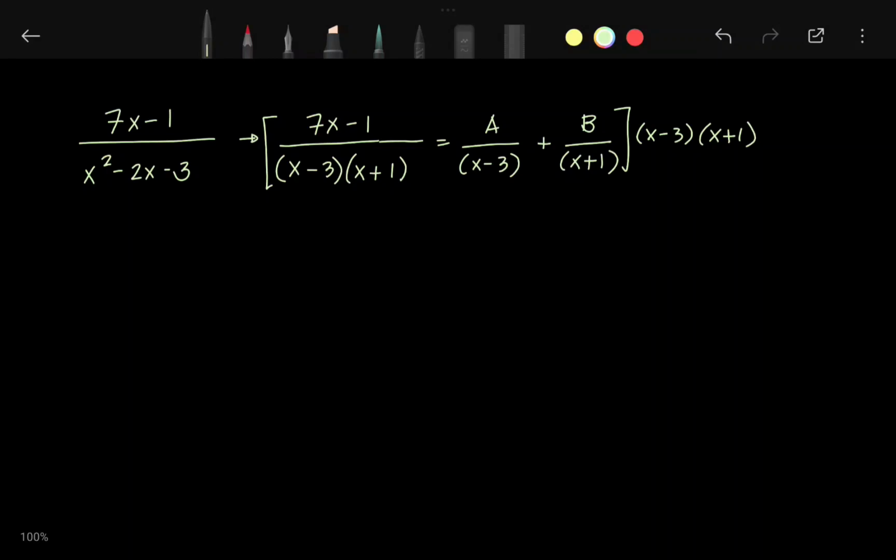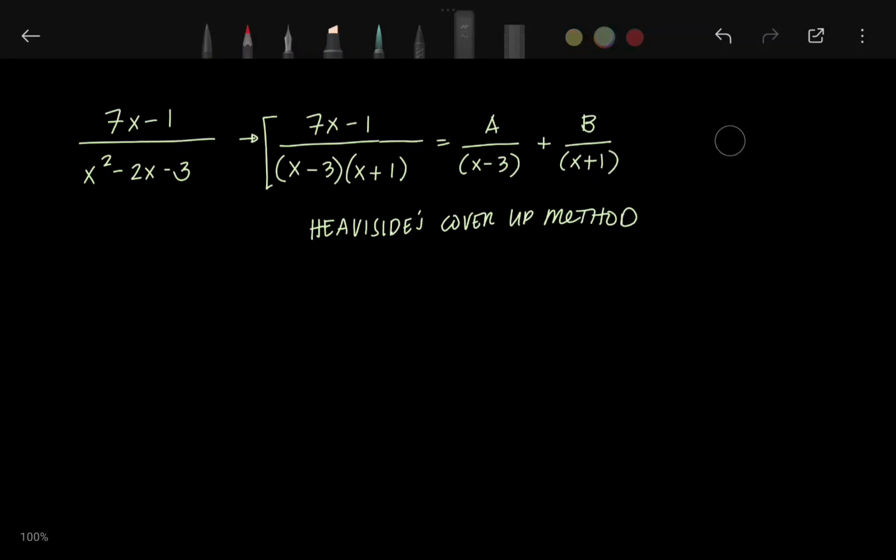This time, I would like to show you ang ginatawag na Heaviside cover up method. Okay, so let me get rid of this part na ma-multiply kita and we'll use the Heaviside cover up method. So what is Heaviside cover up method?